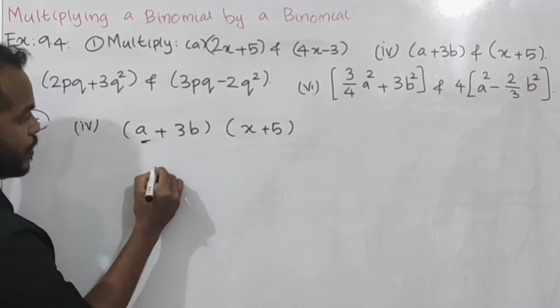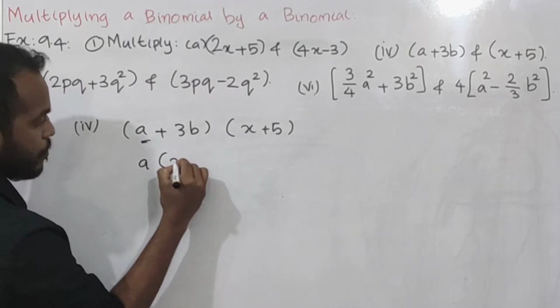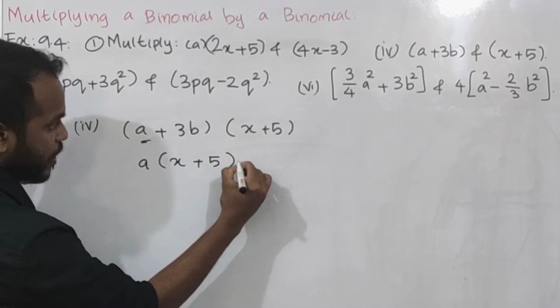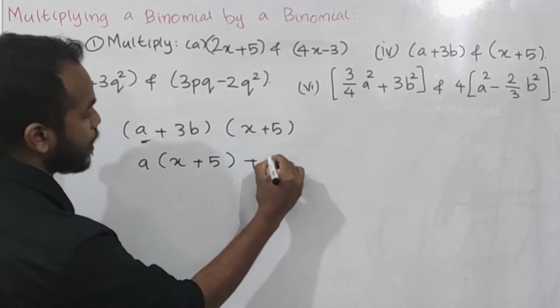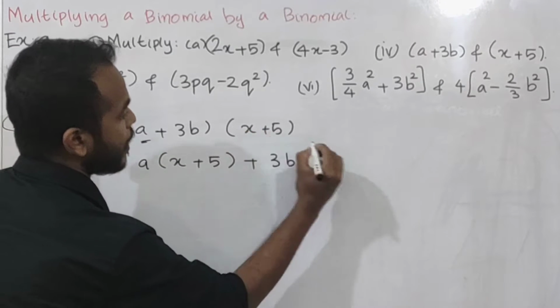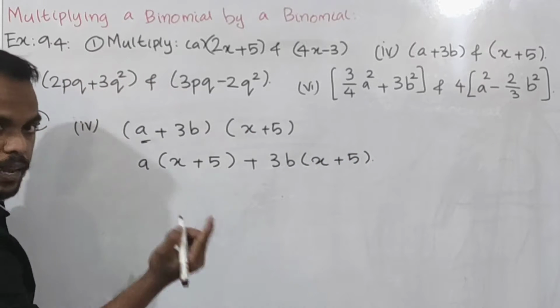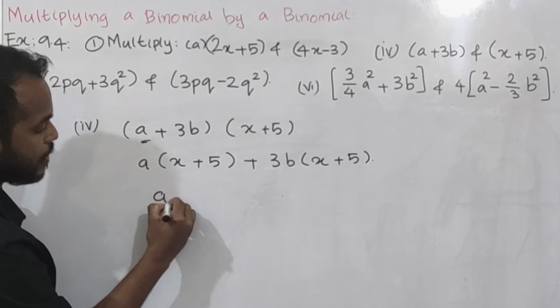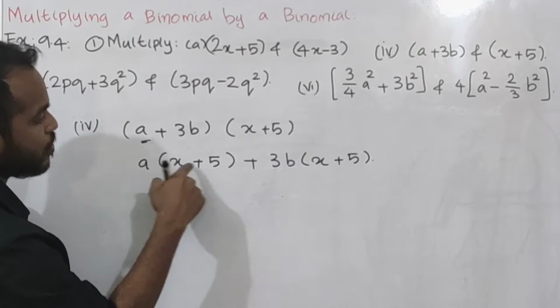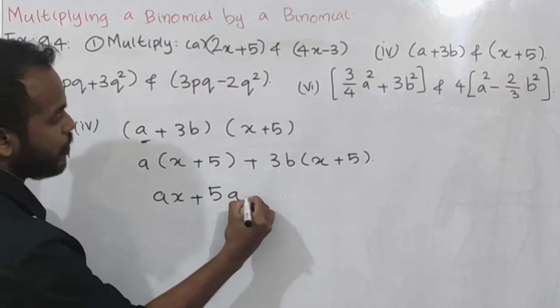Take the first element of the first bracket, a, into the second bracket completely, x plus 5. Then the second element of the first bracket, 3b, into the second bracket completely, x plus 5. So a into x is ax, plus a into 5 is 5a.